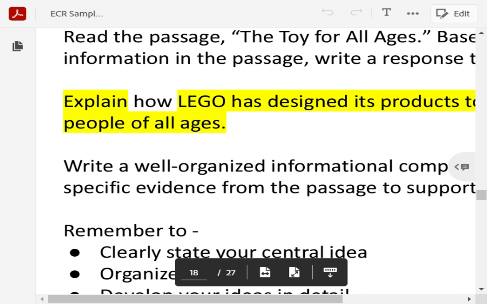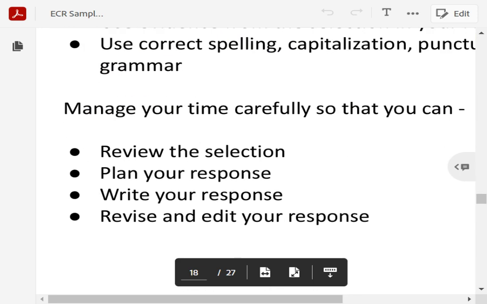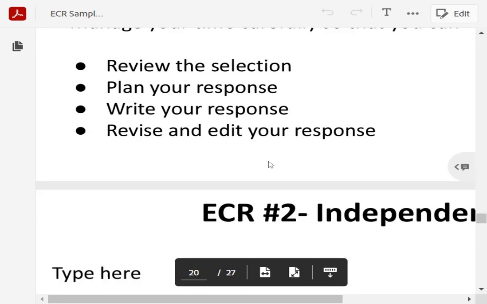They're not going to copy the word explain or how, but they're going to start their sentence with Lego has designed its products to appeal to people of all ages by, and then they would just leave it. So that is the first step.